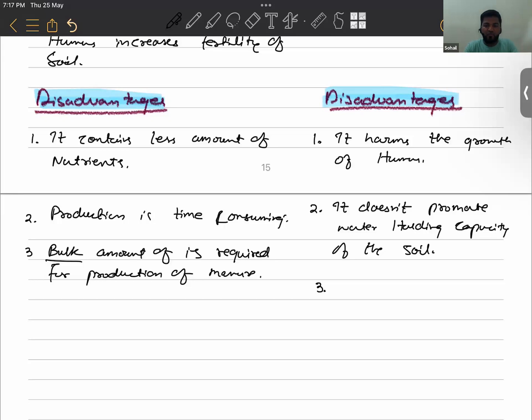Okay. And moreover, what happens if we keep on adding fertilizer on the soil? Let's say there's a heavy rain, and there's a pond or lake nearby. What will happen in that case? The extra fertilizers which you added into the soil will run off with the rainwater into the nearby water body.